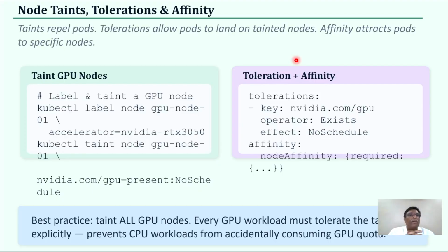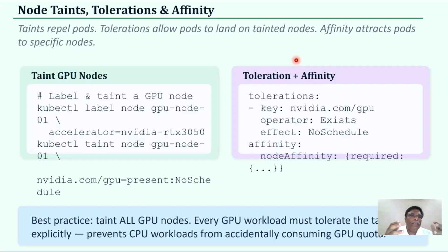So taints repel pods. That basically means toleration allows pods to land on tainted nodes. Affinity attracts pods to specific nodes. So, for the time being, let us try to understand, okay, what does taint mean here. Taints repel the pods, okay, and toleration allows pods to land on tainted nodes.